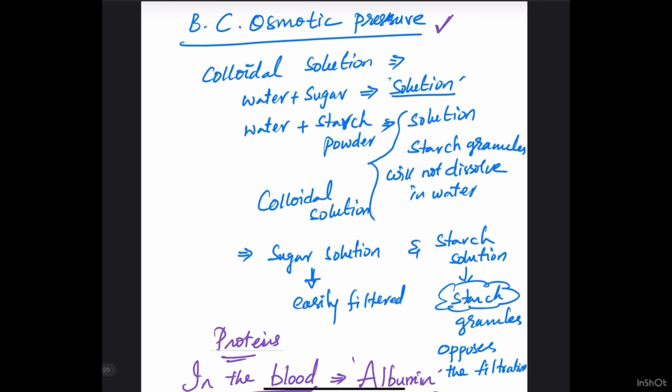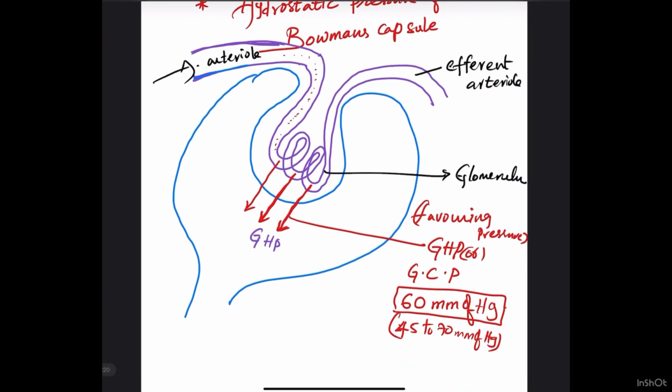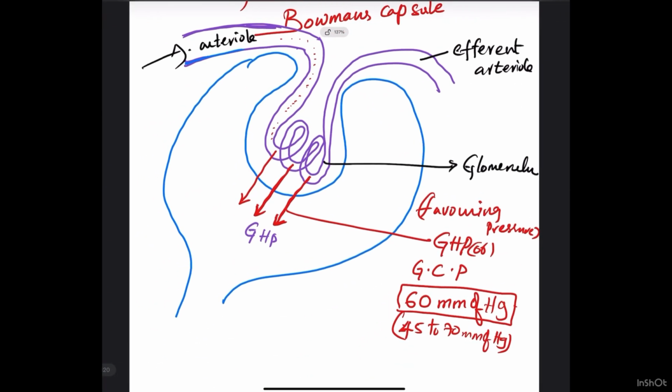Now I am going to show it in the diagram so you can understand. Here, in the blood, it is not allowing that solution to come outside. Oppositely, it is pushing it in the blood itself.